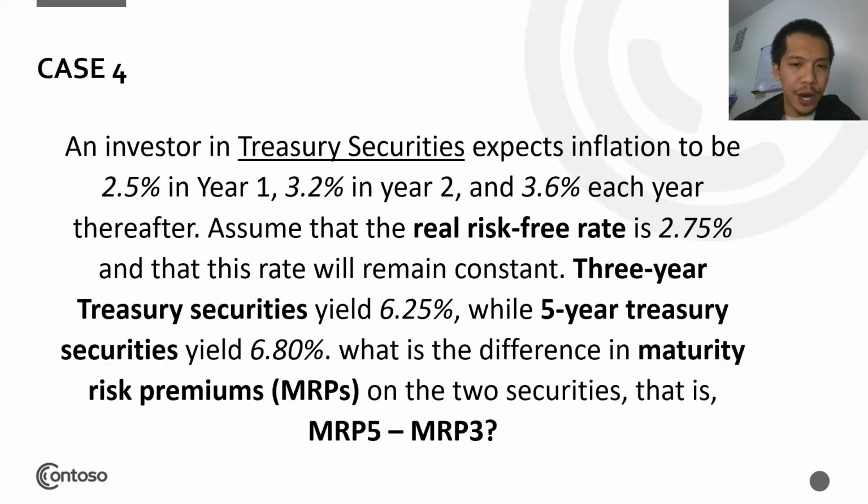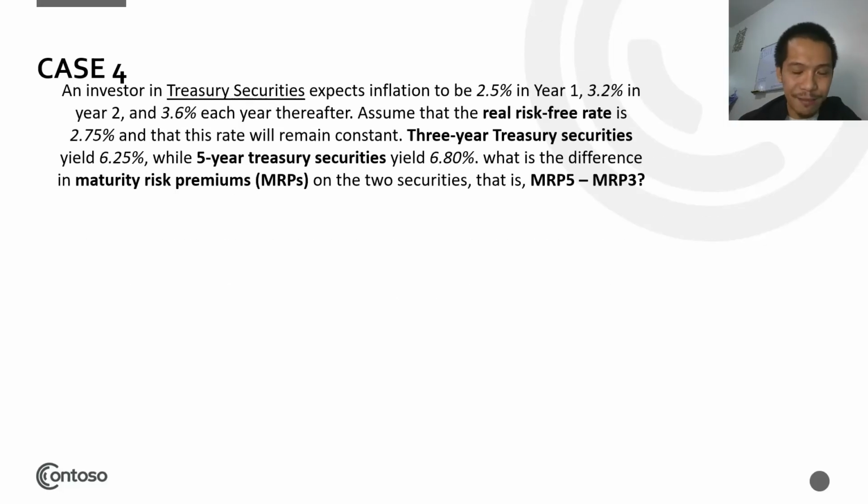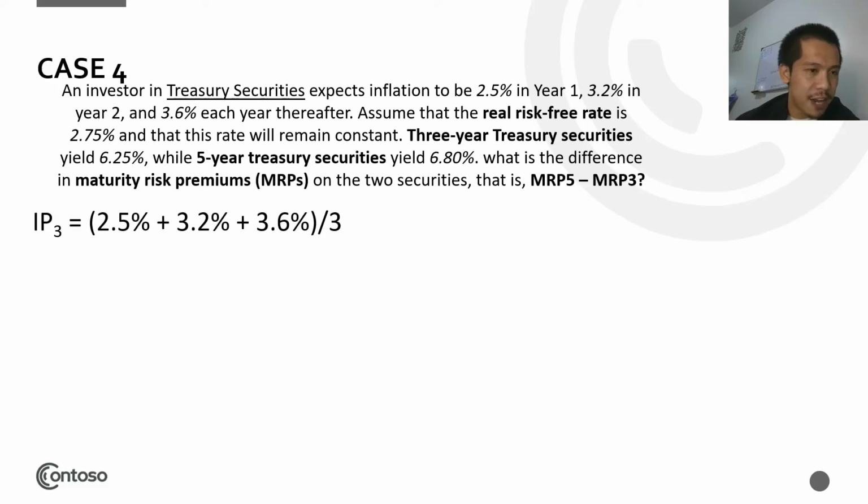How are we going to arrive at the answer in this one? We may do some form of elimination as well. I will start with the inflation premiums. The inflation premium for a 3-year security would be 2.5% year 1, 3.2% year 2, 3.6% year 3. Take the sum of the 3 divided by 3. The average inflation over the next 3 years is expected to be 3.1%.